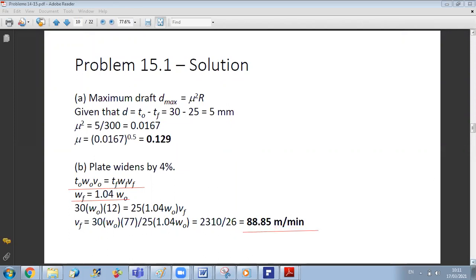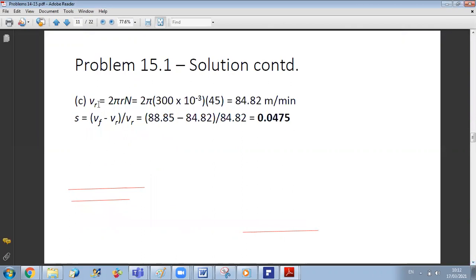And finally, we know that VR is 2 pi R times N, because 2 pi N is omega, and V is omega R. So I get my velocity in meters per minute. Then I replace in the forward slip relation, since the two velocities are in meters per minute. So the meter per minute unit will simplify, and I will get S, which is a dimensionless number.